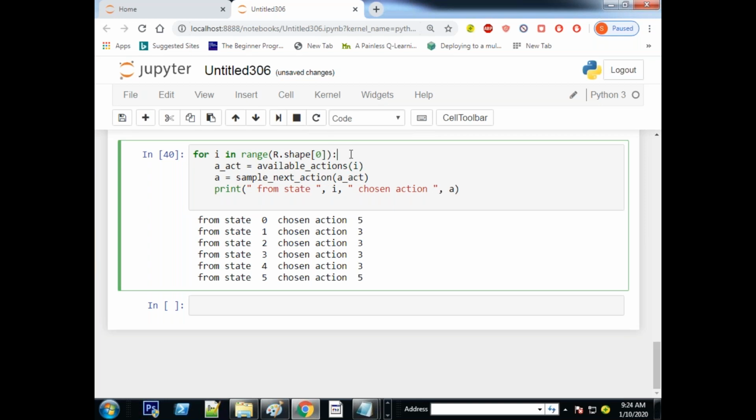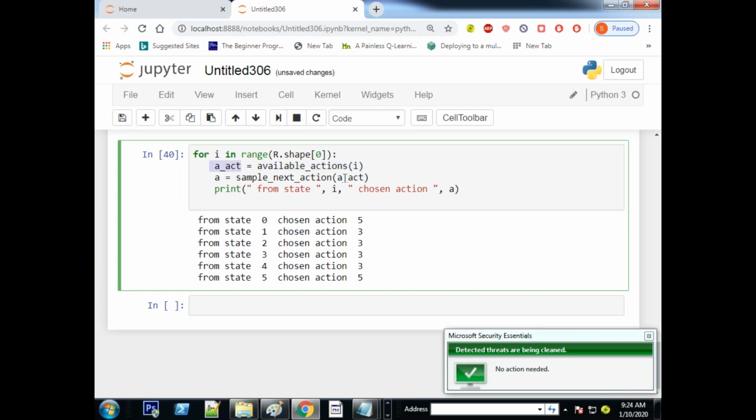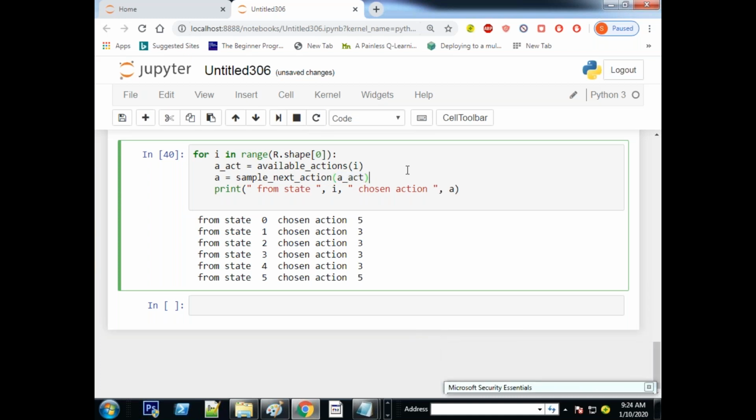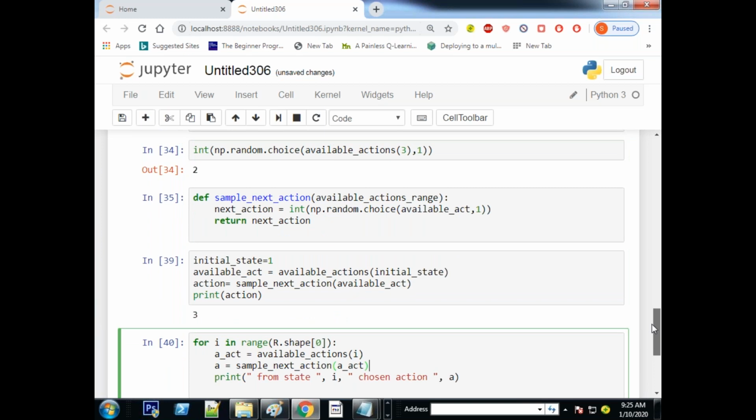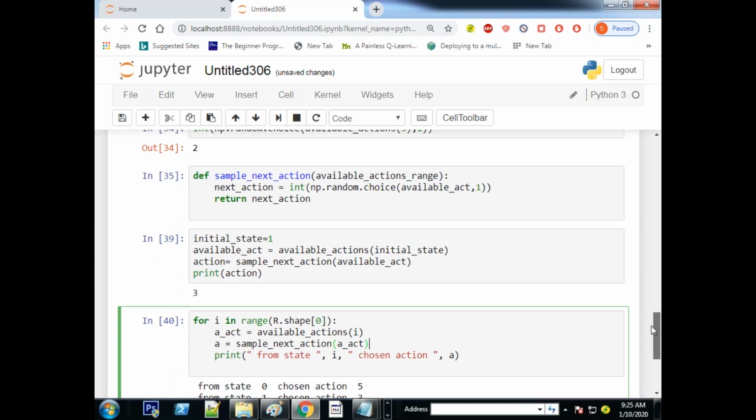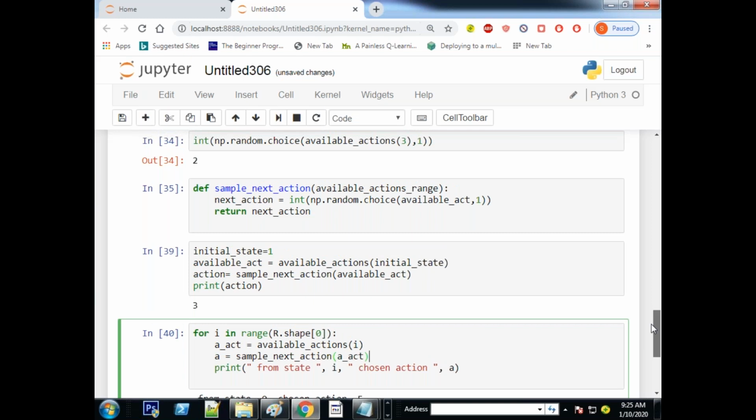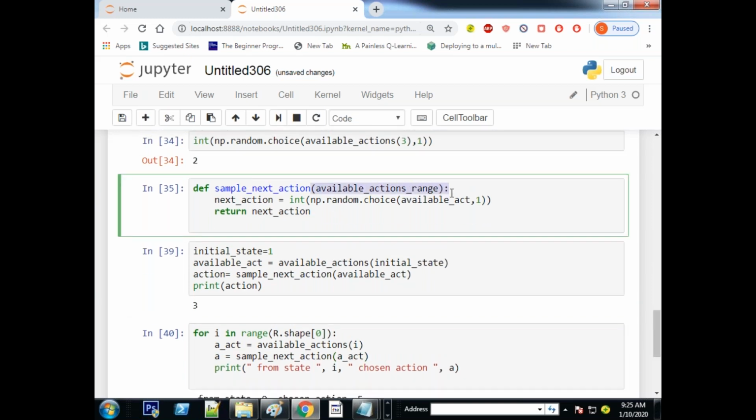So for sample next action in this function, we are passing action underscore act. Even if all the possible actions, but all the available actions are possible, I think it has taken A act. From definition, the A act, we are passing global variables, sir, in the definition. That's why here available underscore act. For all the possible actions, we need to pass it.